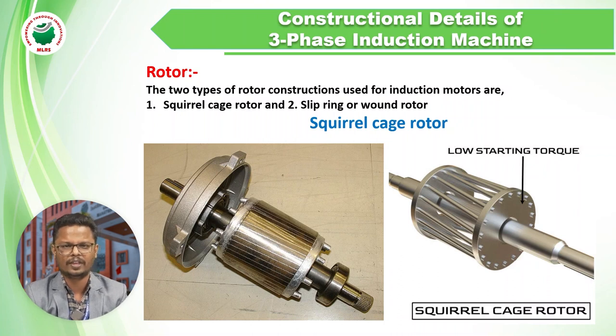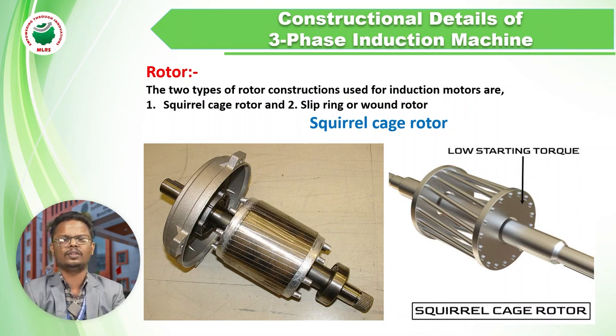When the air gap is less, the magnetizing current is also less. Why? Because if the air gap is more, we have to increase the magnetizing current to link the flux from the stator to the rotor. Here the air gap is less, so the magnetizing current is less, and the flux can easily be linked from the stator to the rotor.